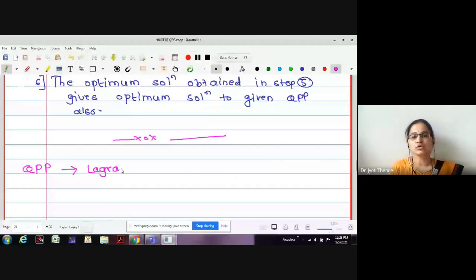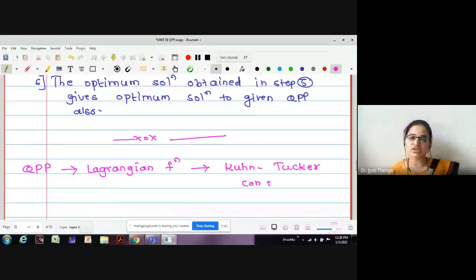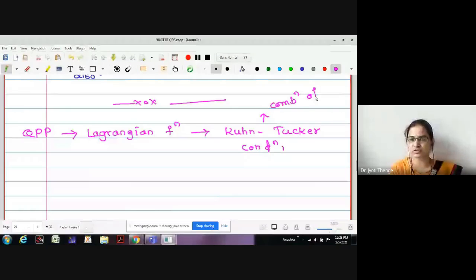And using this Lagrangian function, we constructed the Kuhn-Tucker conditions. Now what do the Kuhn-Tucker conditions tell us? This is a combination of linear and non-linear equations. Therefore, we have to solve this combination.